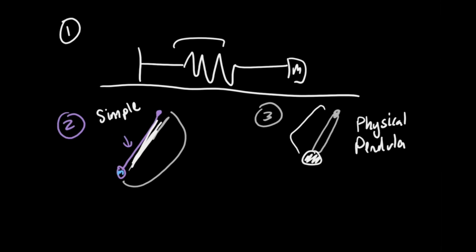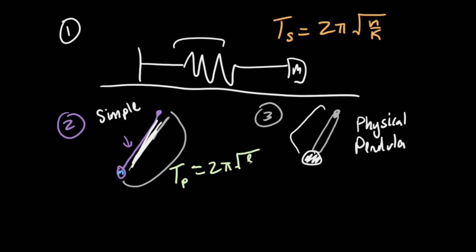So the period of a spring system is T sub S equals 2 pi root M over K. The period of a simple pendula is T sub P equals 2 pi square root L over G. And the final one over here, our physical pendula, is T sub phys equals 2 pi square root I over mgd.